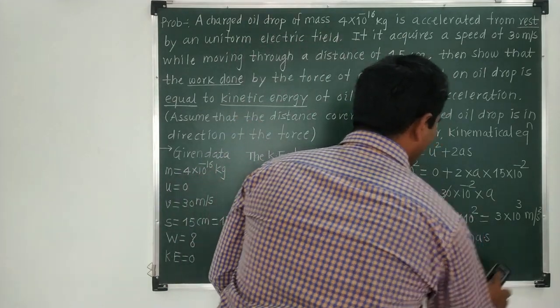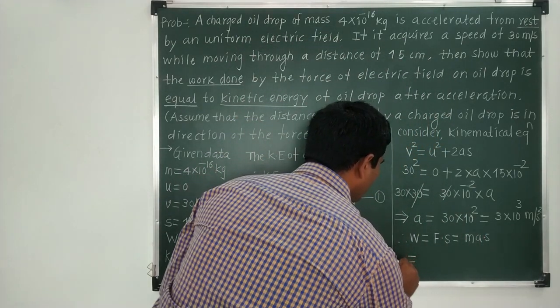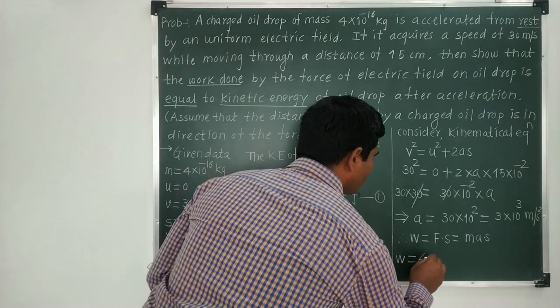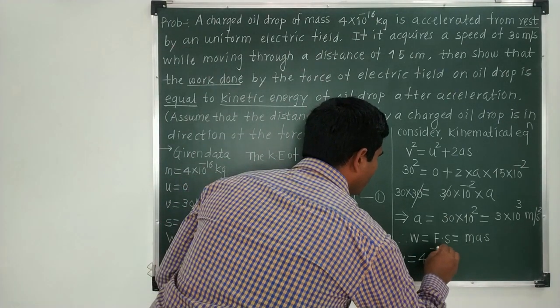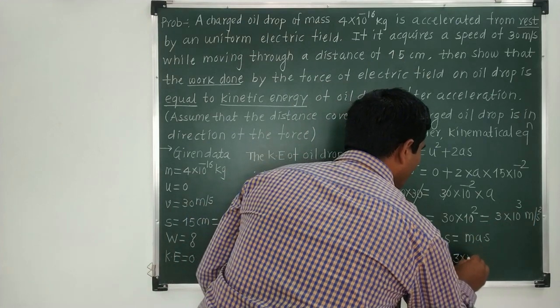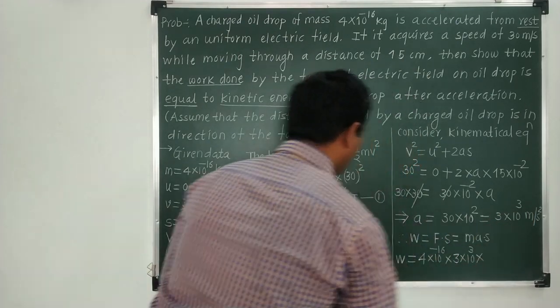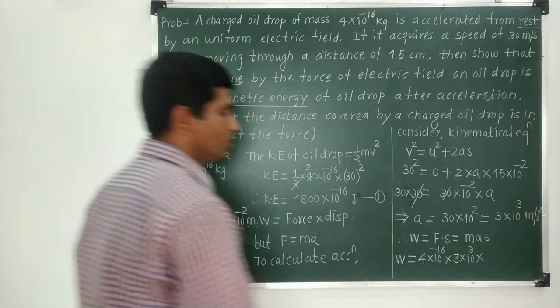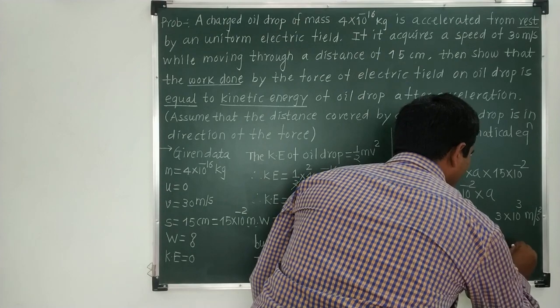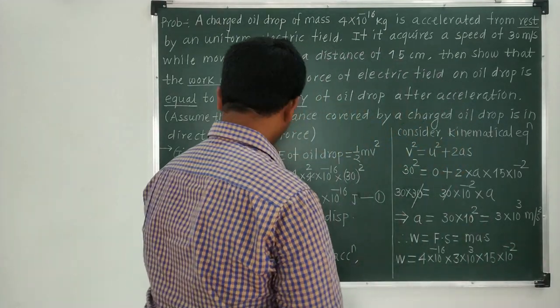So we'll write it over here. W is equal to mass of the oil drop, 4 into 10 raised to minus 16, into acceleration, 3 into 10 raised to 3, into displacement, 15 into 10 raised to minus 2.